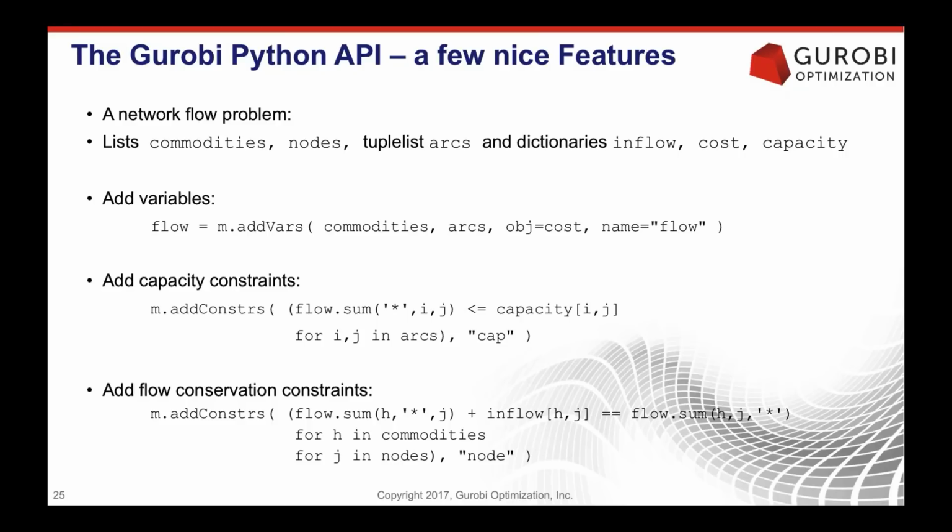What we do here is we sum up all the flow variables for a specific node, add the inflow to that node, and say this must be equal to everything that goes out of this node. And we do this for all commodities and for all of the nodes j. And again, we call this node and Gurobi will take care that the name is unique.